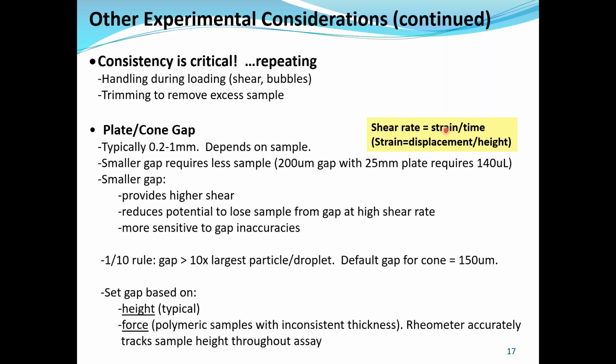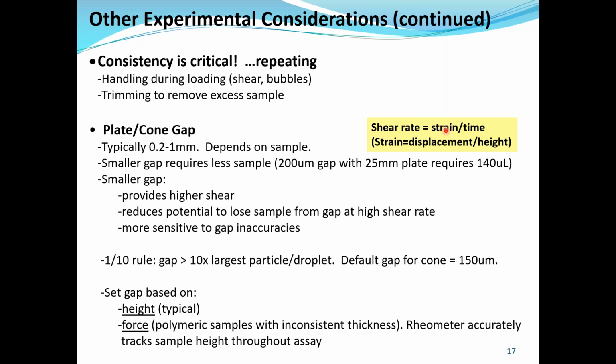To put this in perspective, the default gap for a cone is about 150 microns. So if you're going to use a cone, the largest particle or droplet should be no more than 15 microns.